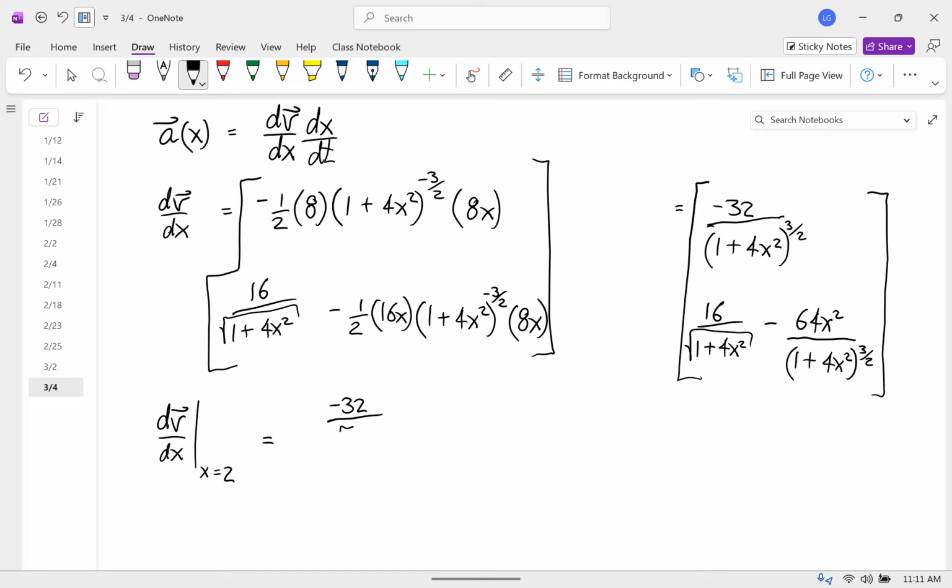So negative 32 over 70.09. And then in the denominator, I think we have 0.228.